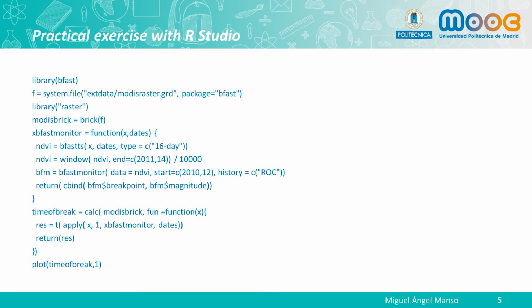Practical exercise with RStudio. In this slide, all the sentences used to compute the previous graph are shown. It is quite complicated to explain line by line or sentence by sentence. Together, two functions are defined, xbfast monitor and fun, that are passed as parameters to other functions that calculate the values of trend change in each pixel of the geographic area based on the series of available NDVI observations.